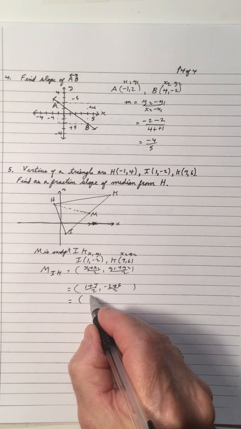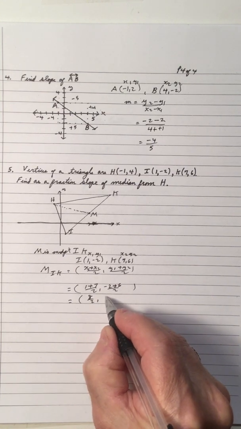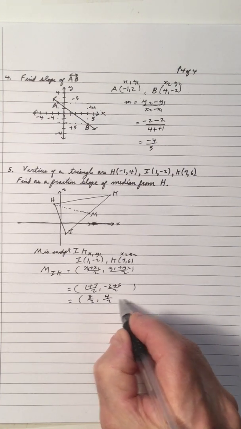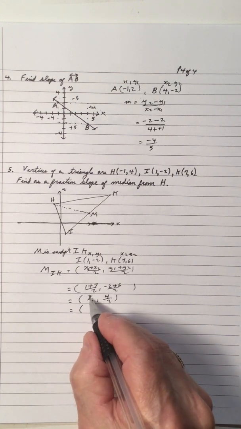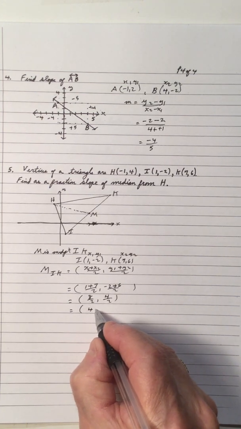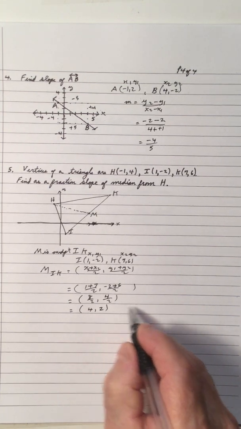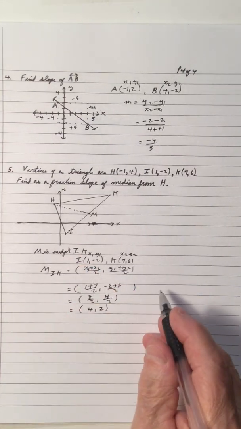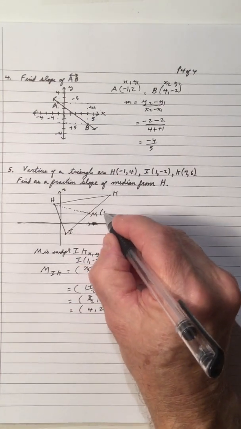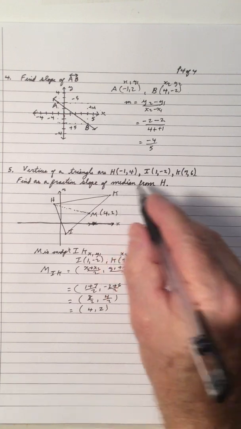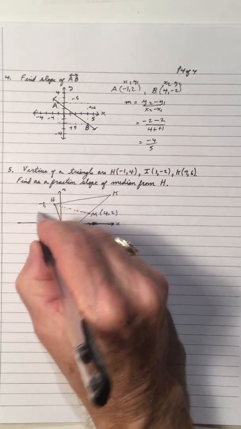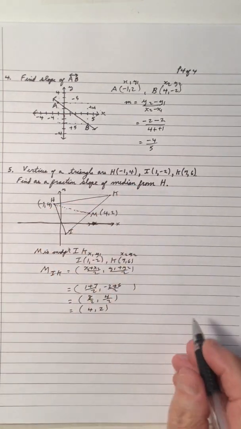So that's 8 over 2, and 4 over 2. 8 divided by 2 is 4, and 4 divided by 2 is 2. So that's the midpoint: 4, 2. Now I is negative 1, 4.